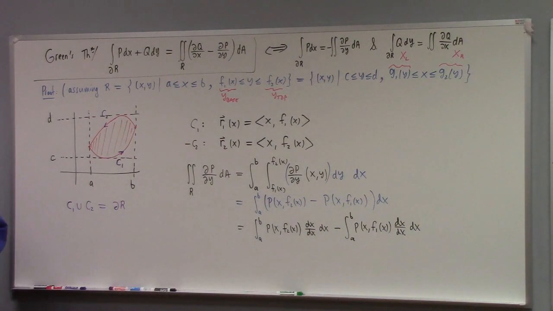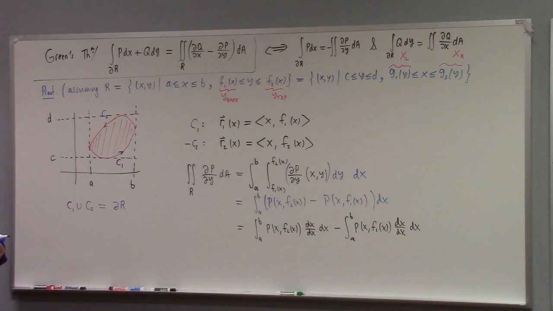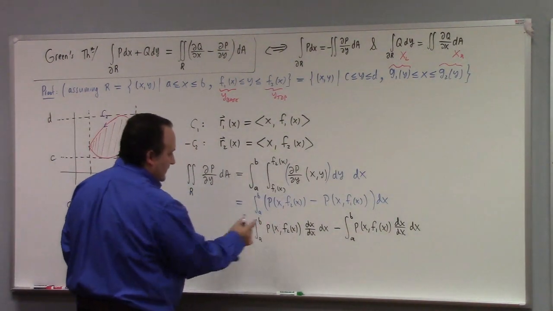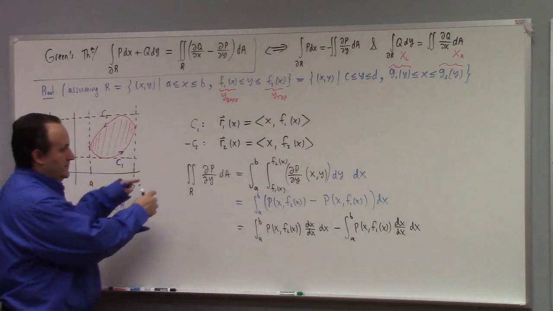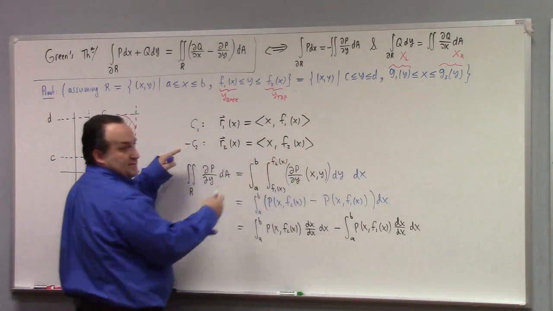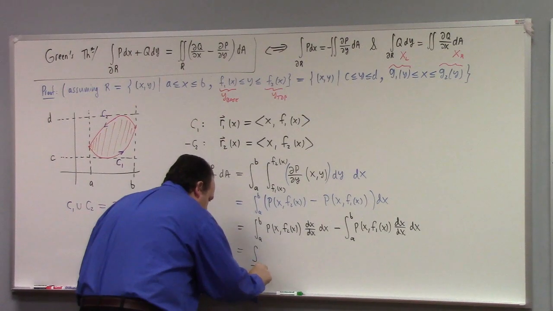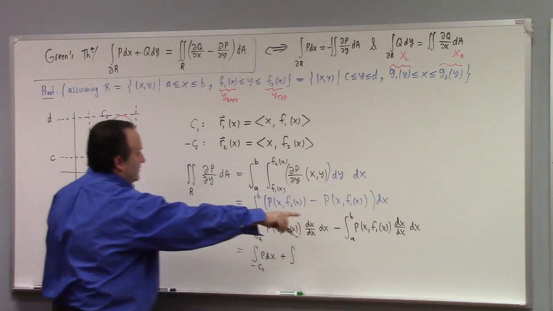I'm just doing that to emphasize that this is one of those integrals over the differential. Remember we had dx dt times dt, but when t equals x, that's what it looks like, right? So you're just looking at a line integral. What parameterization are we on there? It's minus c2. So we're looking here at the integral over minus c2 of p dx, plus the integral of that one.